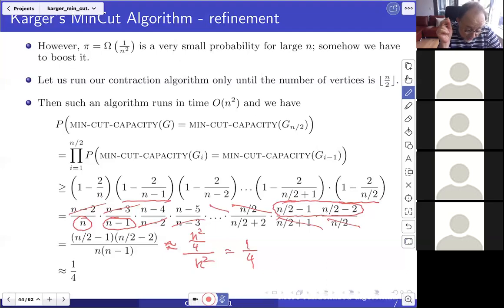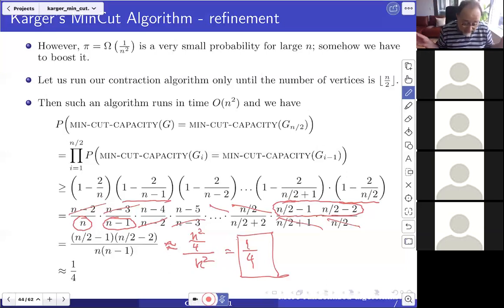When you do it only for large graphs, and you stop when you contract half of the vertices, if you stop there, the probability of success, that you didn't mess up, is actually quite large. It is bigger or equal than 1/4. And that's very different from what we had, 1 over n squared. Because this 1/4 can be amplified. And that's the trick.